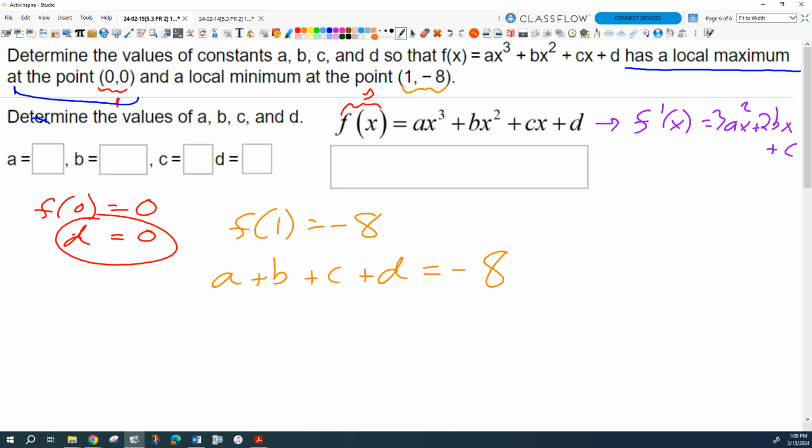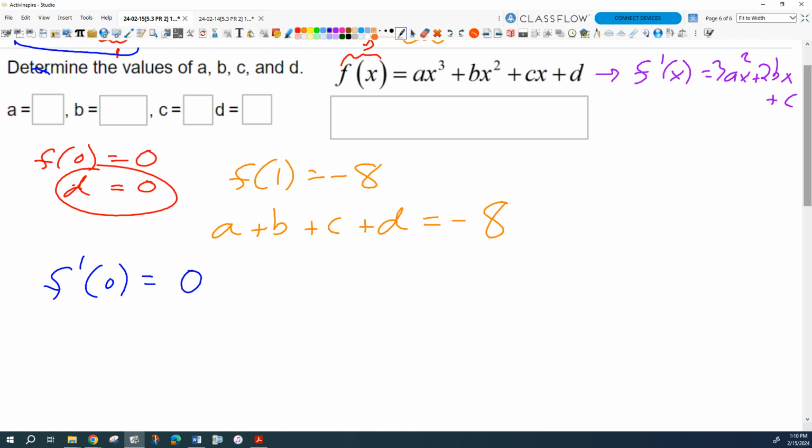So then this point up here, if it has a local maximum, isn't that telling us that f prime of 0 equals what? Zero. Okay, so f prime of 0 means everything drops out except the c. So c equals 0. What do you know?